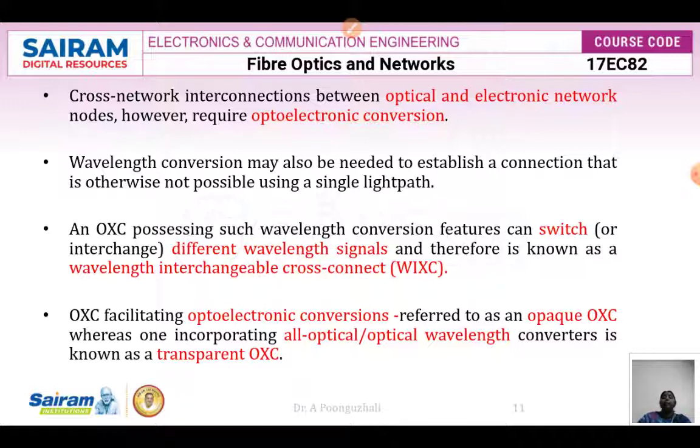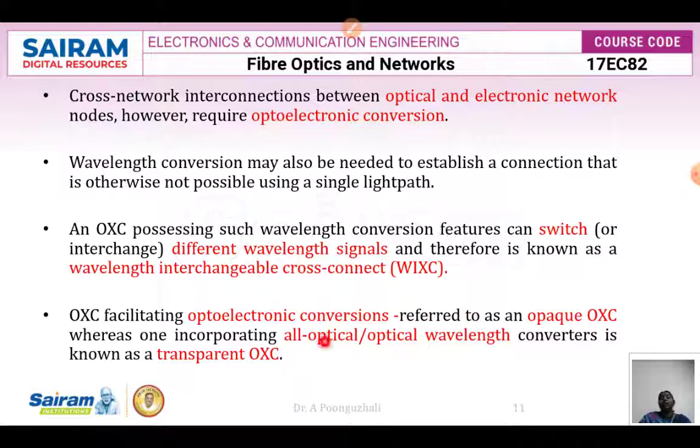The optical cross connects which facilitate optoelectronic conversions are referred to as opaque optical cross connects, whereas one incorporating all optical to optical wavelength converters is known as a transparent optical cross connect. If conversions are done optical to electrical and then electronic, we call it an opaque cross connect.